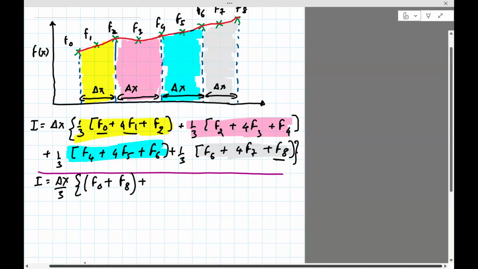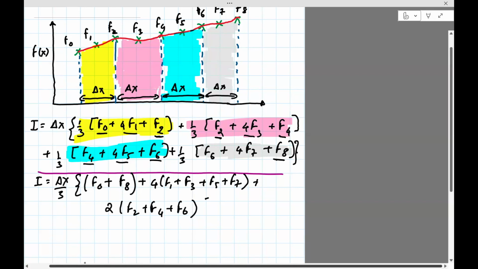So 4 f1, 4 f3, 4 f5, so 4 times (f1 plus f3 plus f5 plus f7). And last, let's look at this f2, which will sum with f2. So twice f2, then we'll have f4 plus f4, f6 plus f6. So we'll have 2 times (f2 plus f4 plus f6). Okay, I think I've covered all the terms.